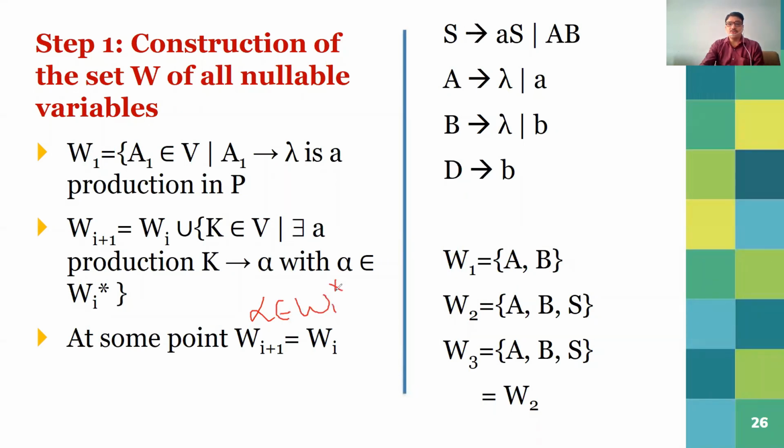Suppose you are constructing W3. In this case, A goes to alpha and alpha belongs to W2 star, right? If you are calculating W4, in this case you will use W3 star, right? But in the previous theorem, as you know, we used sigma union Wi star.